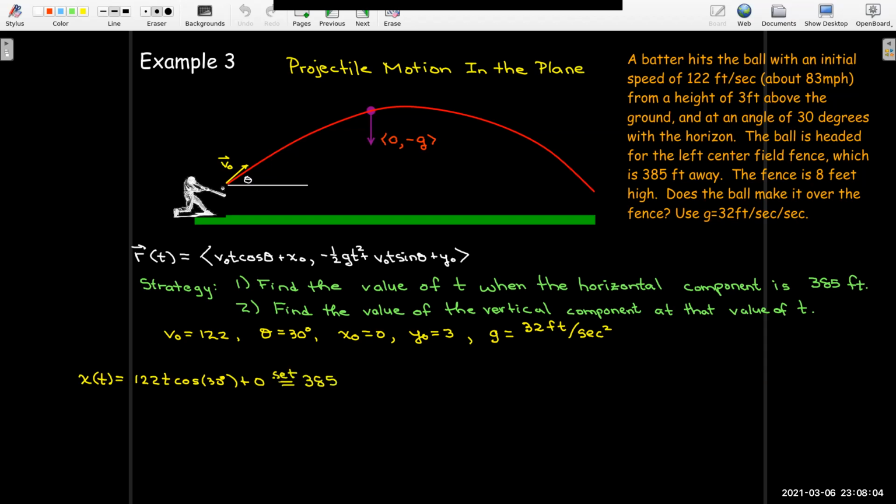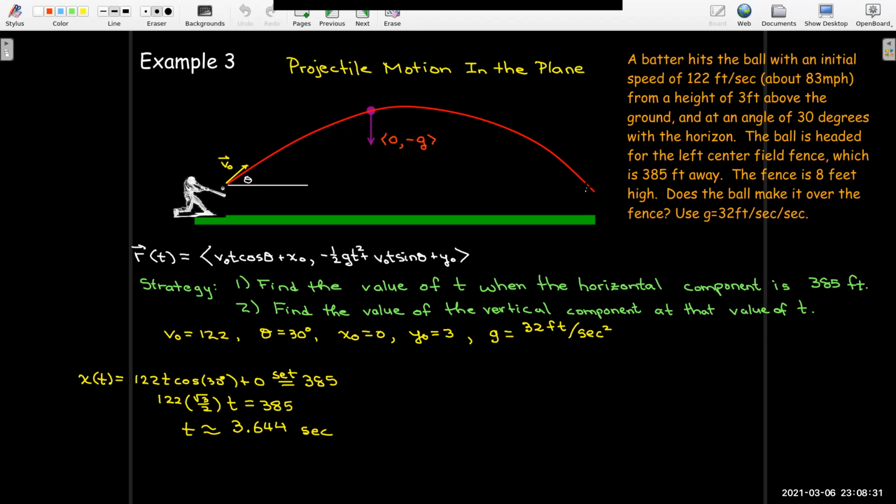And we want to set that equal to 385 and solve for t. Evaluating cosine of 30 degrees, solving for t and getting a decimal approximation, t is about 3.644 seconds. So that is when the horizontal distance is 385 feet.